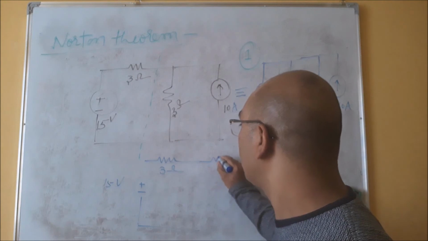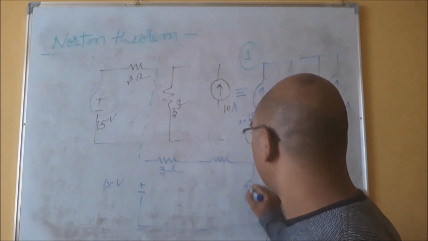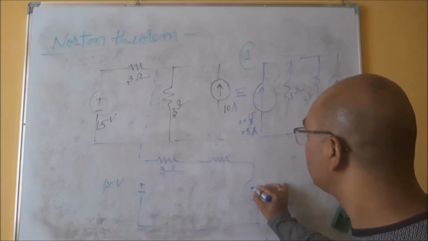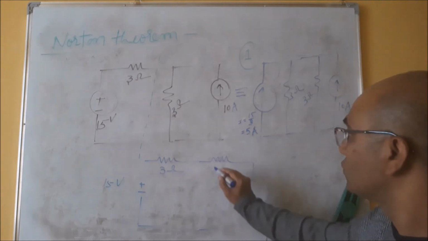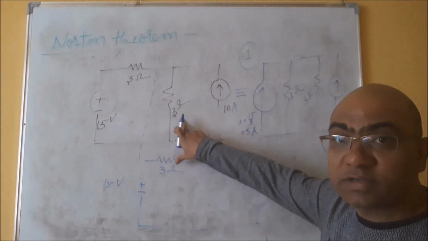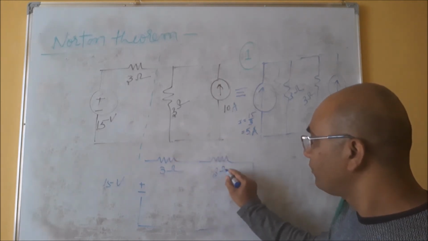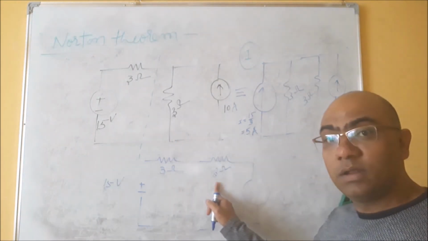So this 3 ohm will come like this, right? And here minus. So this will change into the voltage source. The value of this resistance is 3 ohm, so it will remain the same 3 ohm, right?